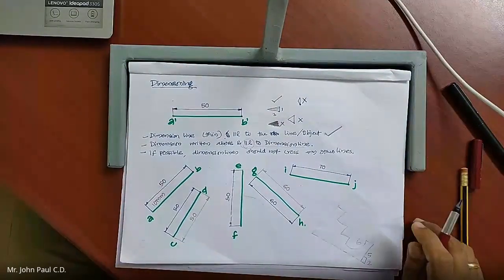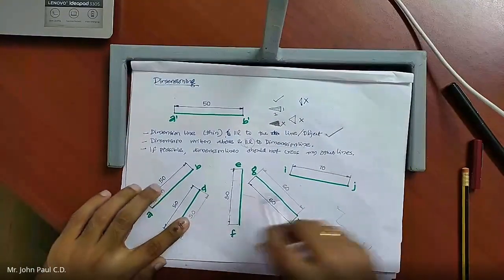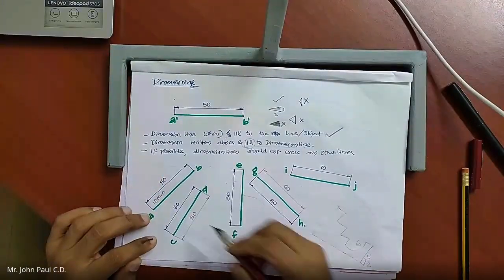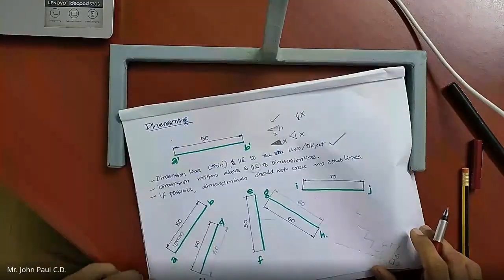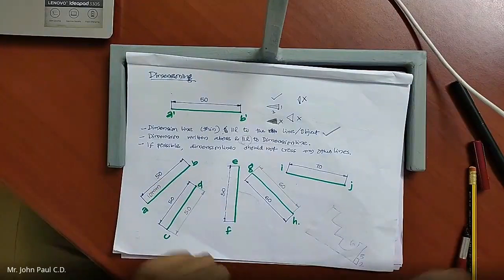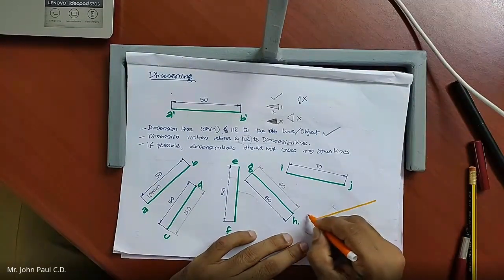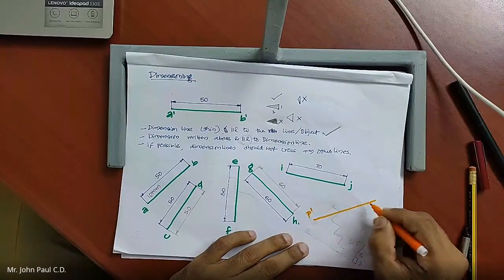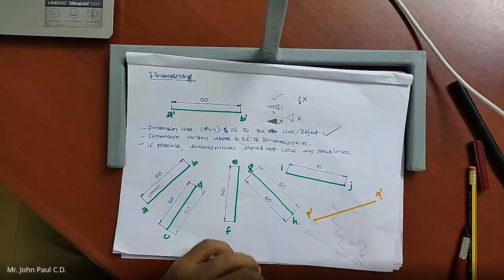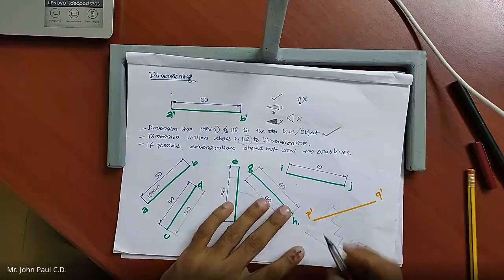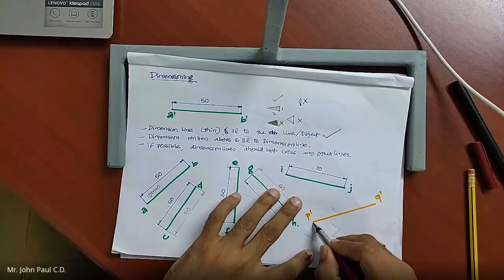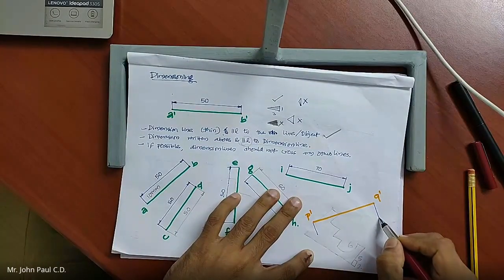But there are some issues. If I mark the dimension here, for example, I just draw a dimension line here. Again, once more, I will draw another line. So this is P dash and Q dash. In order to mark the dimension, I just drew a perpendicular line.